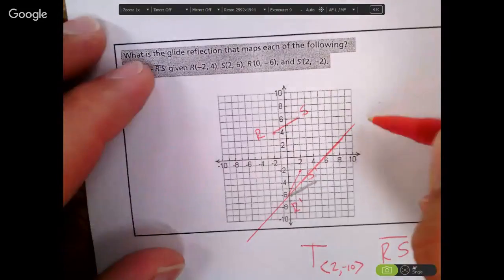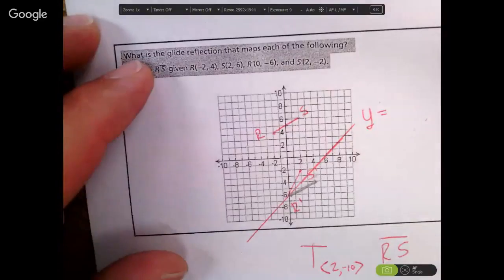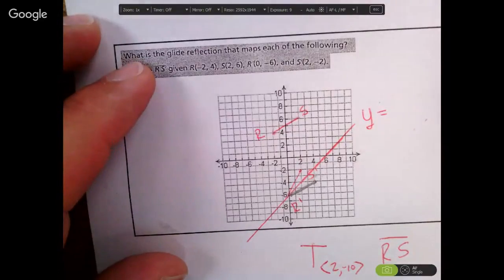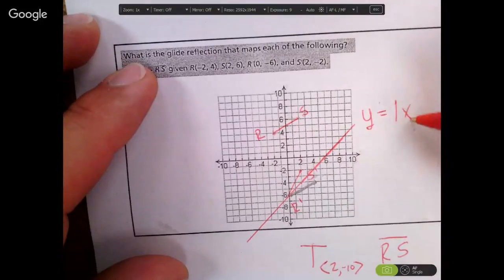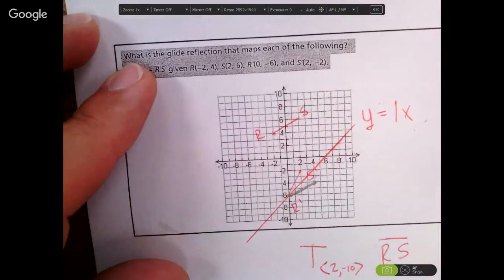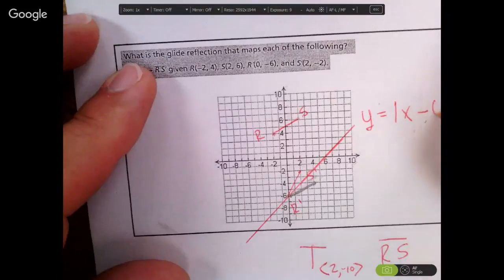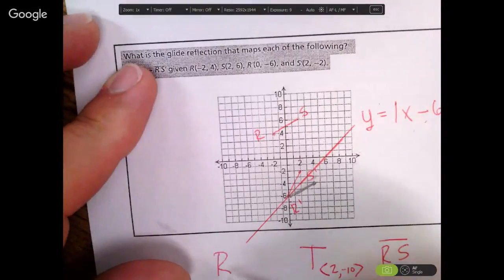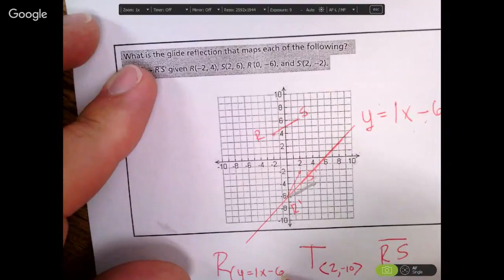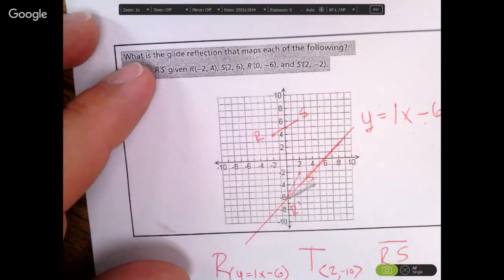So y equals, what's my slope of that? 1x. What's my y-intercept? -6. So my reflection is y equals 1x minus 6. I didn't have to write the 1, but I did. Don't judge me.